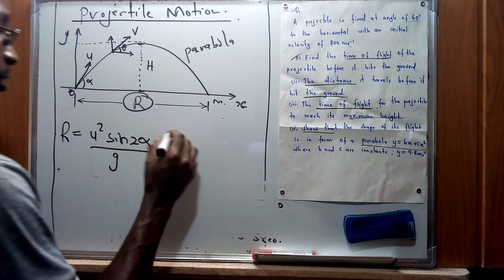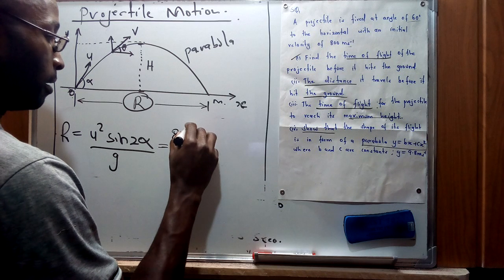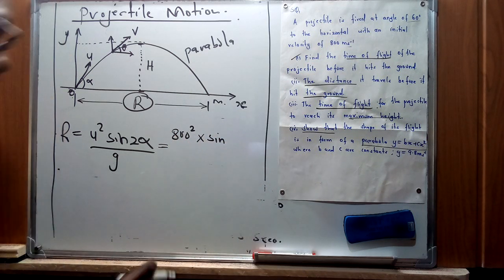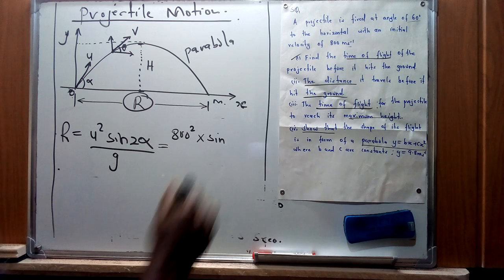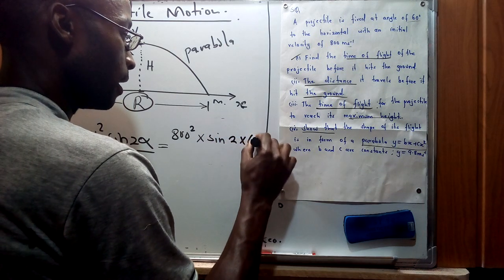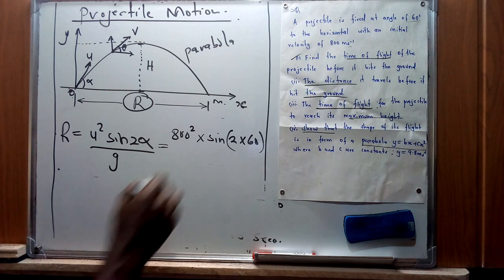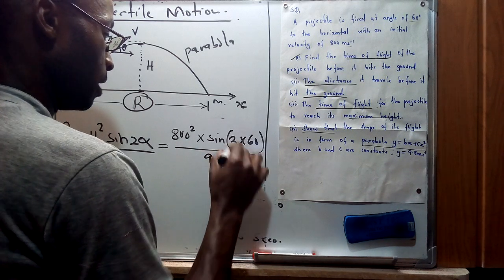Similarly, we're going to do a substitution for this. This is 800 squared times the sine of twice that initial angle, divided by g.